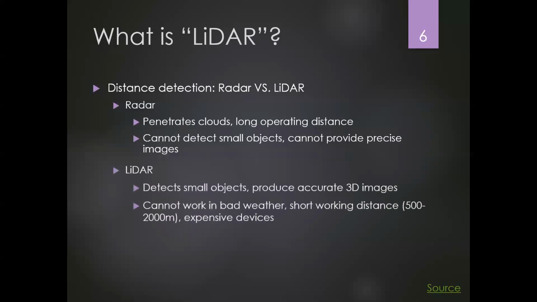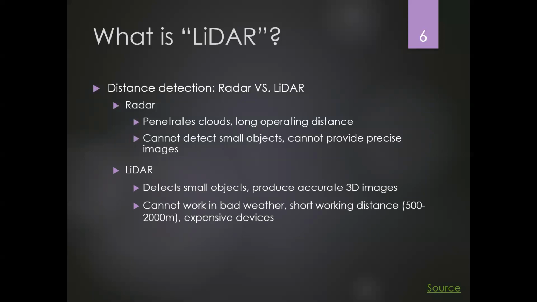But on the other hand, LiDAR can detect small objects and produce accurate 3D images. Specifically, these 3D images are of the surface of the Earth, because LiDAR can provide very accurate elevation data. But LiDAR cannot work in bad weather.